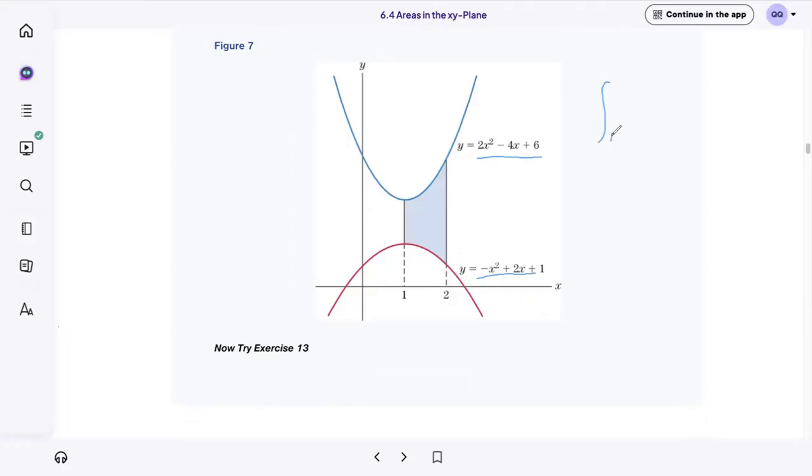So from 1 to 2, 2x squared minus 4x plus 6 minus the bottom one, negative x squared plus 2x plus 1, then dx.